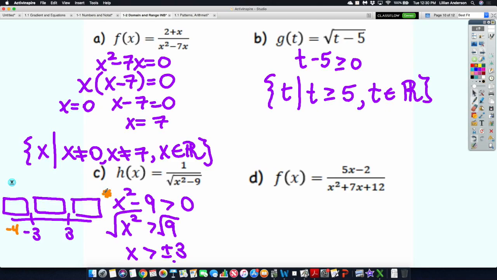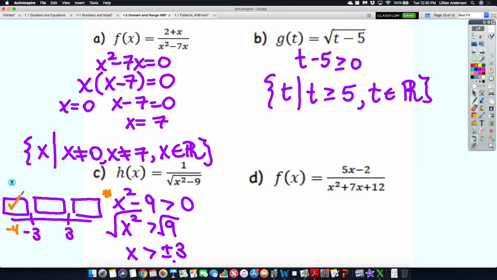So because when I plug in a value that's less than -3 and it ends up being greater than 0, that means that all the numbers that are less than -3, not just -4, it would work for -5, -6, -100. All of those values are part of the domain. So we use -4 as a test point. We plugged it back into the original restriction, and because it was greater than 0, any number that's less than -3 will be greater than 0.